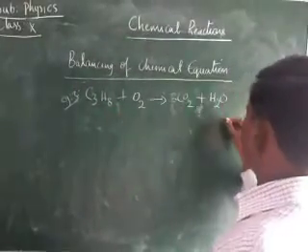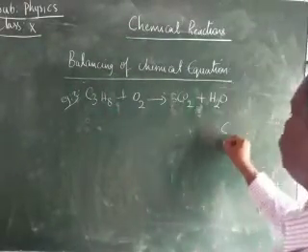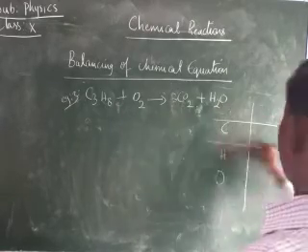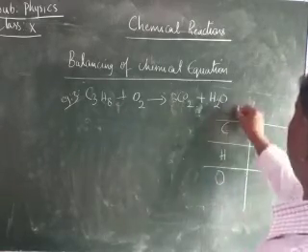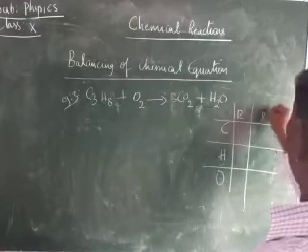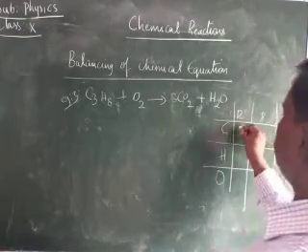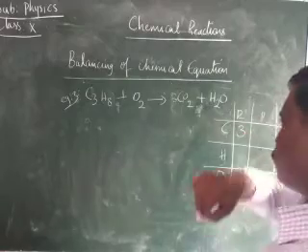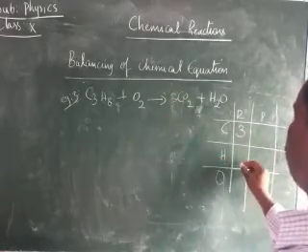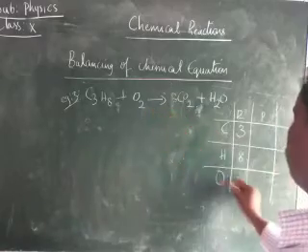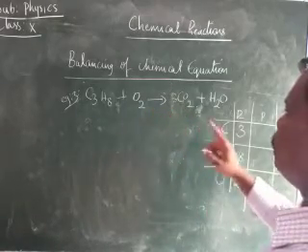Here what are the elements? Carbon is there, hydrogen is there, oxygen is there, on the reactant side as well as the product side. In the reactant side, carbon 3, hydrogen 8, and oxygen how many are there? 2 are there.